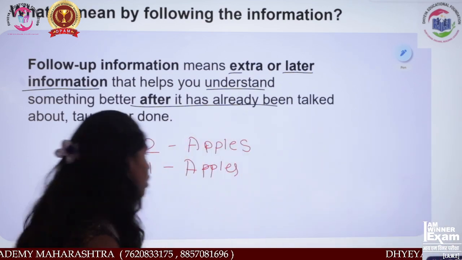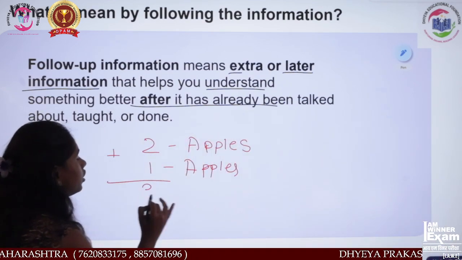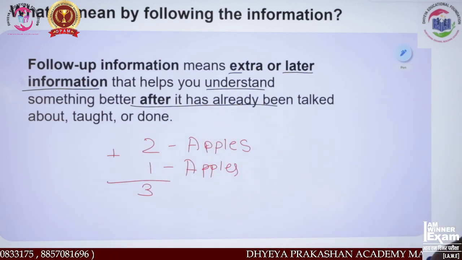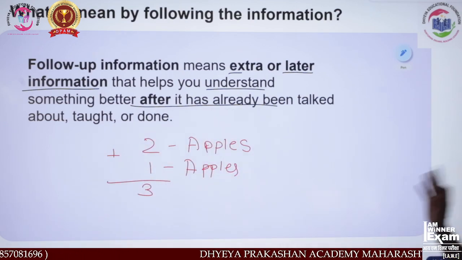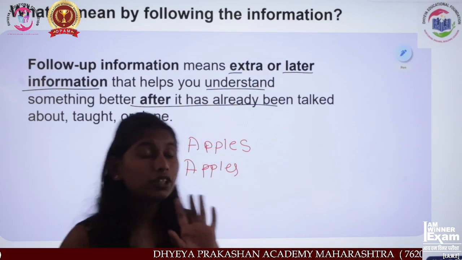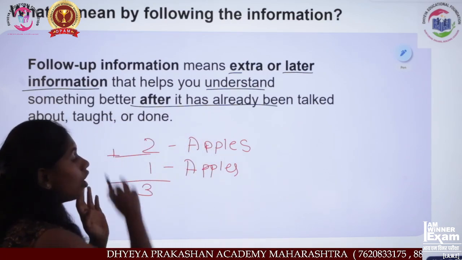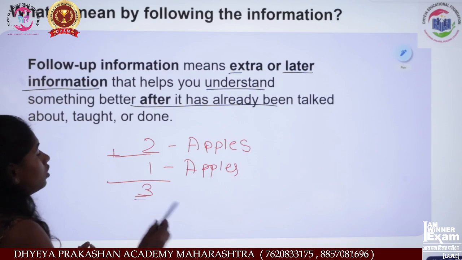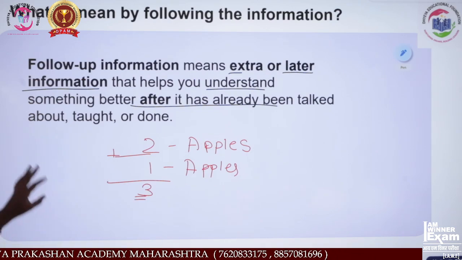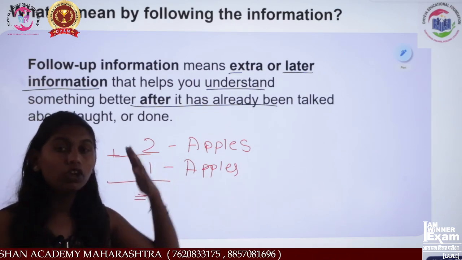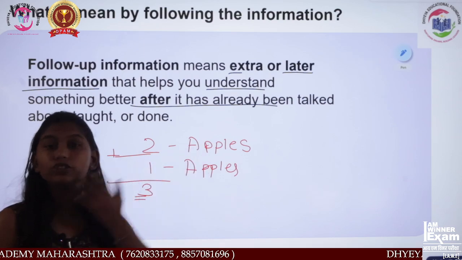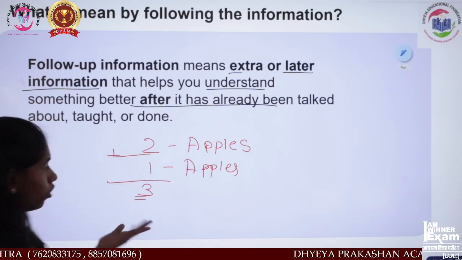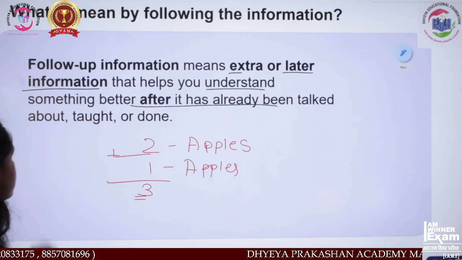You will just add 2 plus 1 and you will get 3. And you will say that you now have 3 apples. Just like that, I had given you information about how many apples I had before, how many apples I bought after, and then the total. So this is the information. You are following the information provided by me or the question, and then you are solving and getting the correct answer.